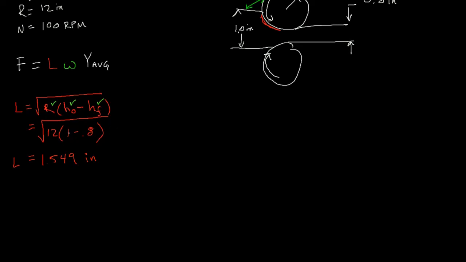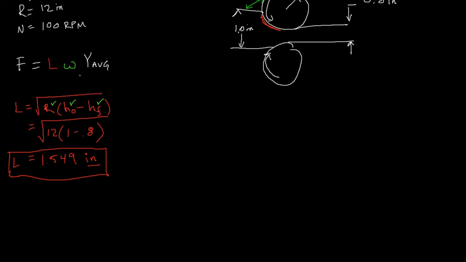You have inches times inches, which is inches squared, and then you square root it, and it becomes just inches again. So that works out nicely. Now we know our contact length.